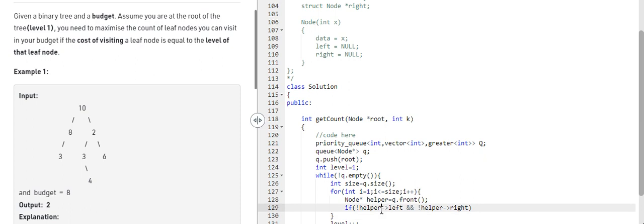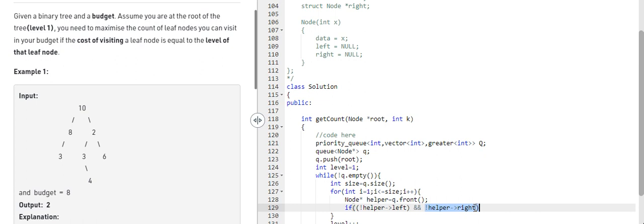If helper's left is null it will be true, and if helper's right is null it will be true.